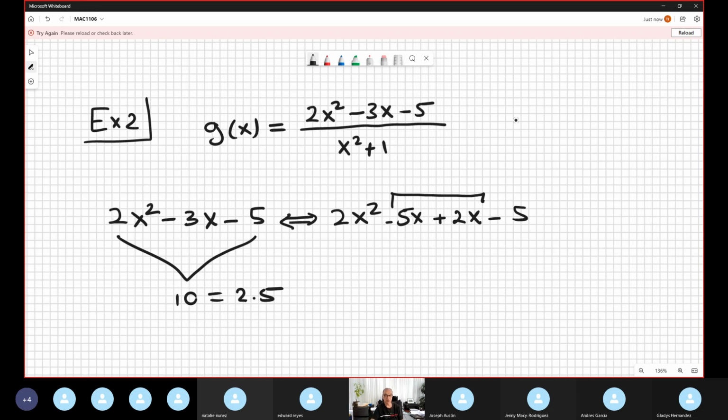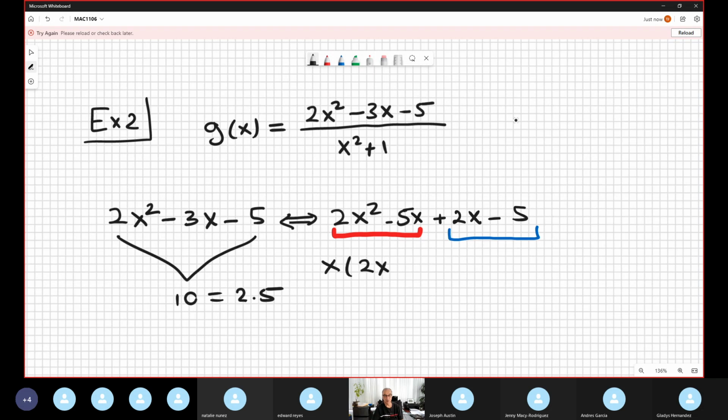But this is nice because it's ready to apply factorization by grouping. Look, this is the red couple, and this is the blue couple. And the red couple, the greatest common factor I can see is x.